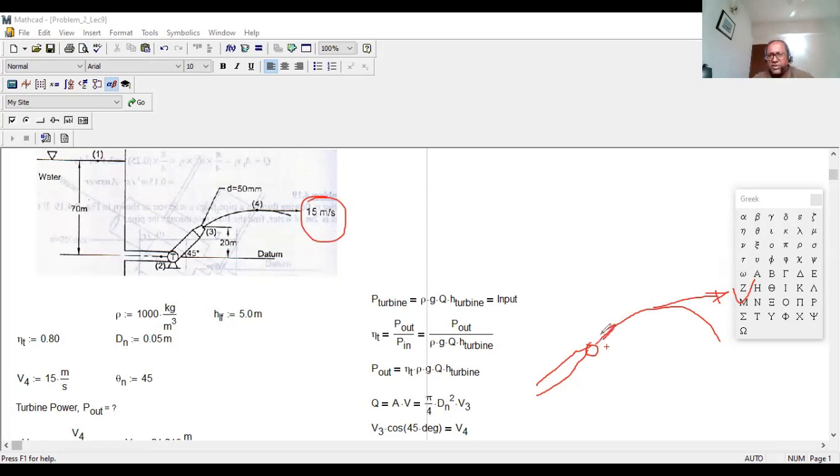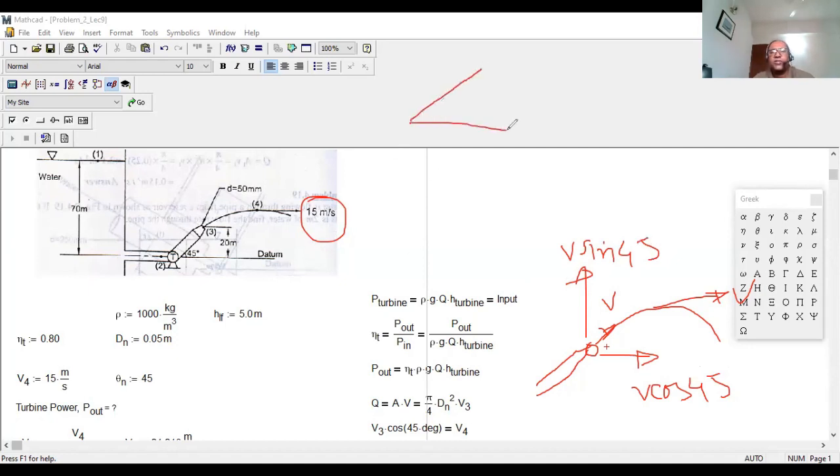So I'm saying the velocity over here is V. What will be the horizontal component of the velocity? V cos 45, right? And what will be the vertical component? V sin 45. That means this fluid is being pulled with two forces, in the horizontal direction and the upward direction. That's why it flows in this direction, going upward.